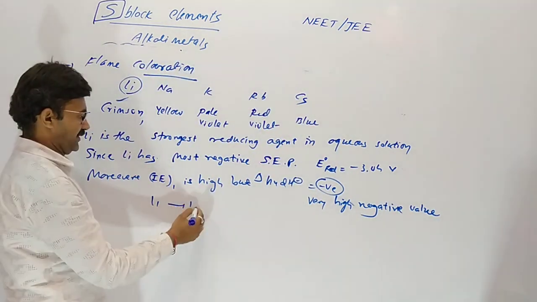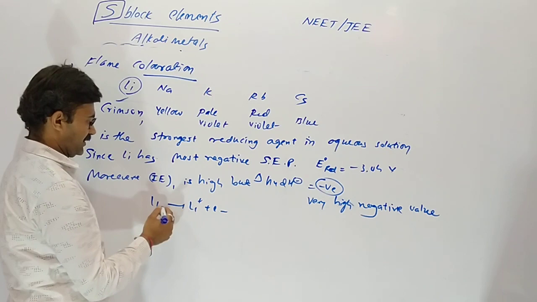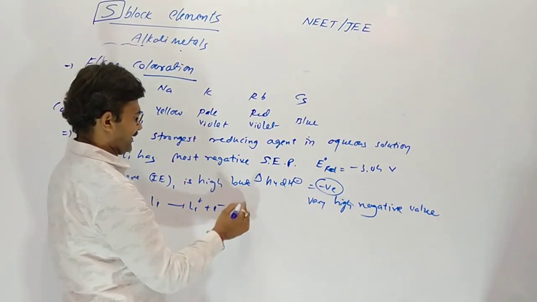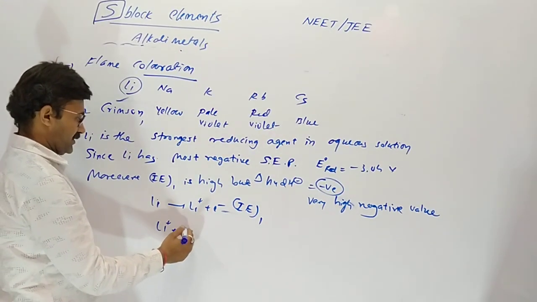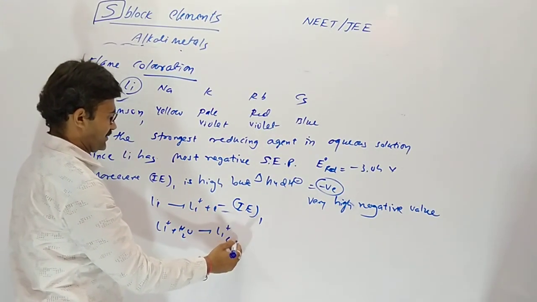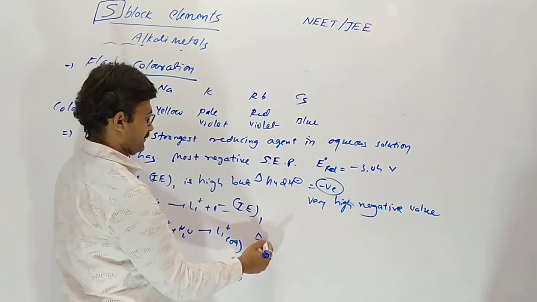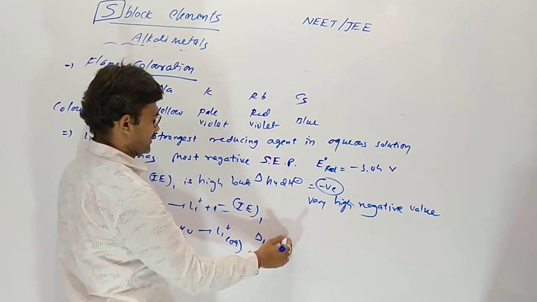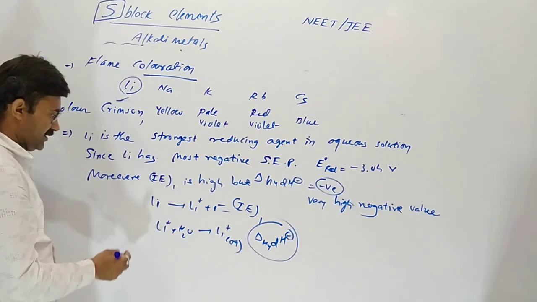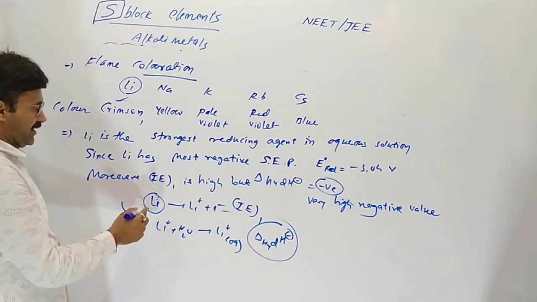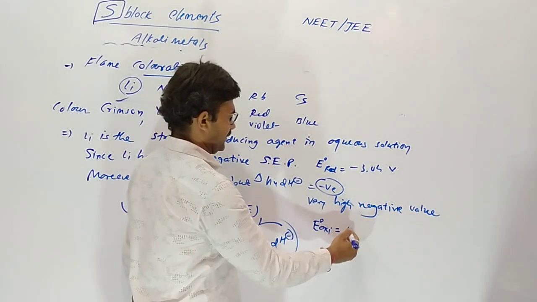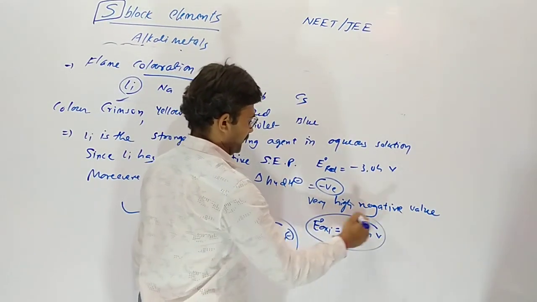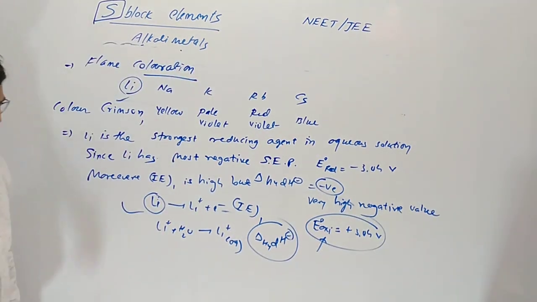The ionization enthalpy of lithium is very high, but it has a very great attraction toward water, so hydration enthalpy is very high. Due to the combination of both, the electron-losing nature is highest for lithium. So the oxidation potential will be plus 3.04, making it the strongest reducing agent.